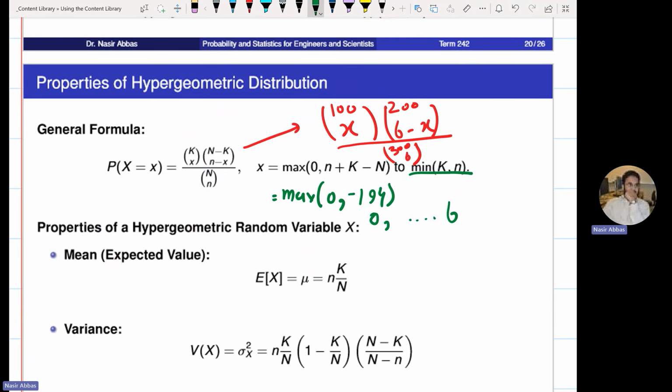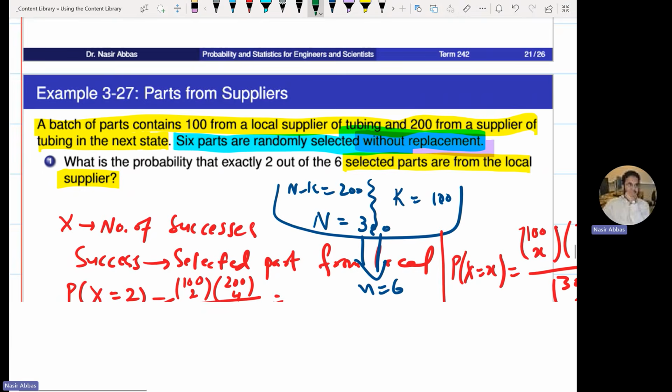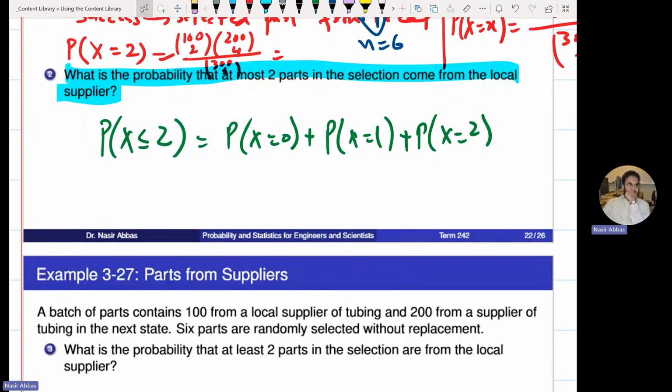Here it is 0 to 6, but in some questions it might start from 1, might start from 2. Depending upon the values of n, K, and capital N, it might be 1 to 6, or 0 to 5, and so on. So plug the numbers into this domain and check. Here, luckily, it started from 0, so I started from 0.